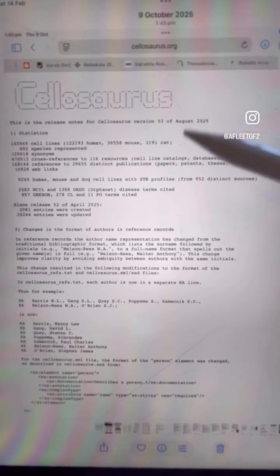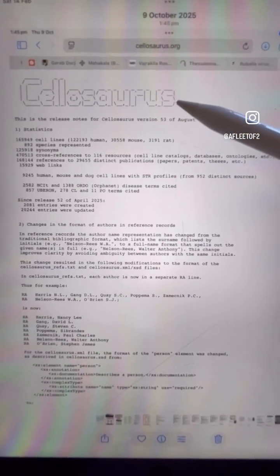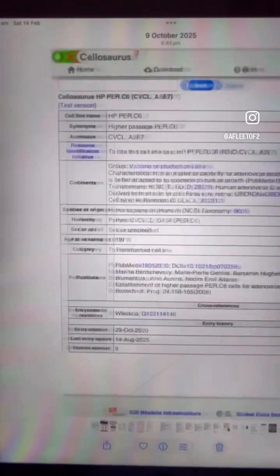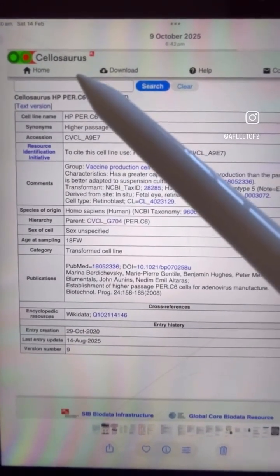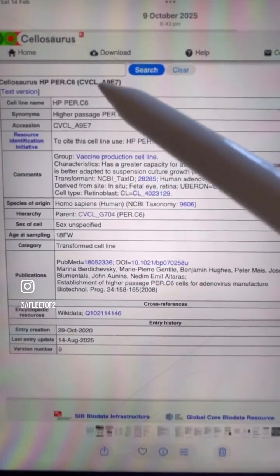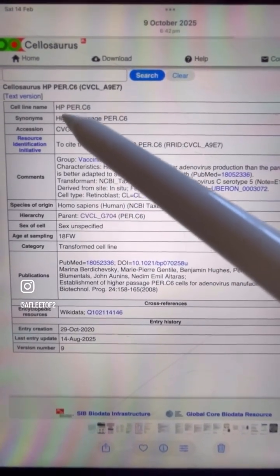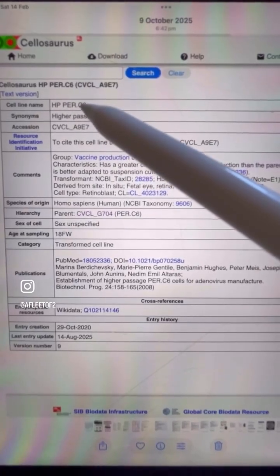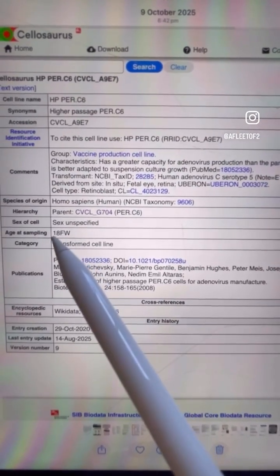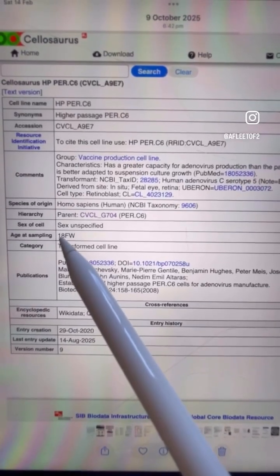If you go to this website, Cellosaurus, you can find all the different cell lines. So this is from Cellosaurus, and you can find a vaccine cell line. The cell line HPER-C6 was created from an 18-week fetus.